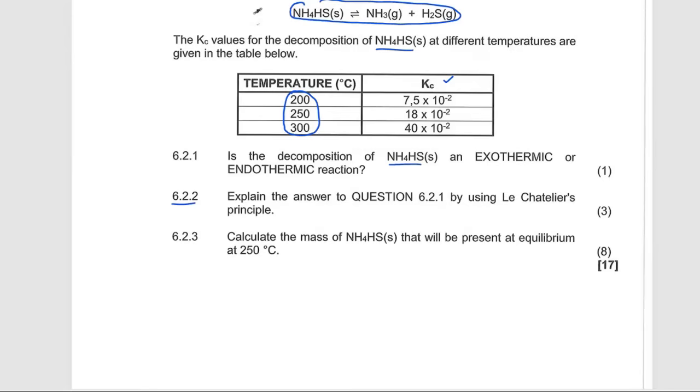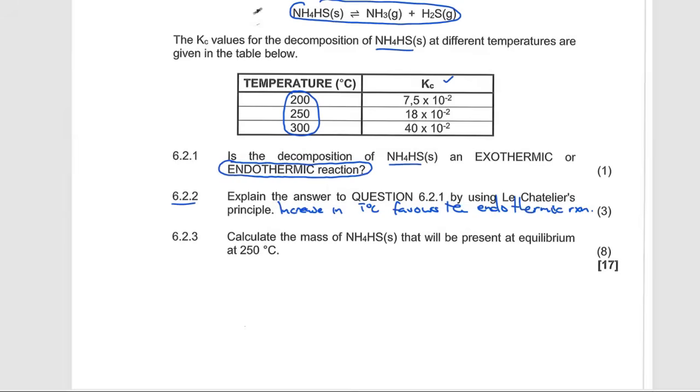The type of reaction you're looking at is an endothermic reaction. I'm going to circle this one, our correct answer. The reason is that an increase in temperature favors the endothermic reaction.